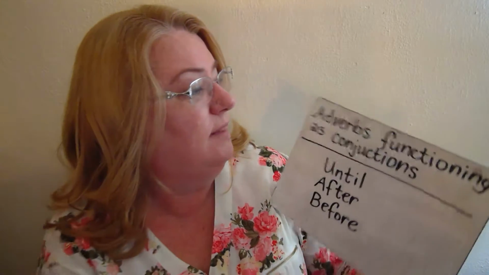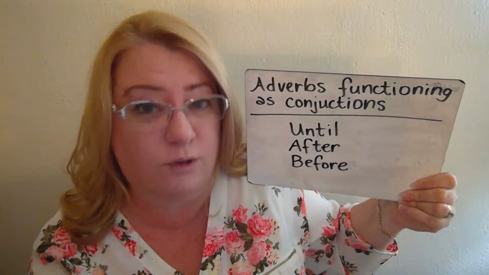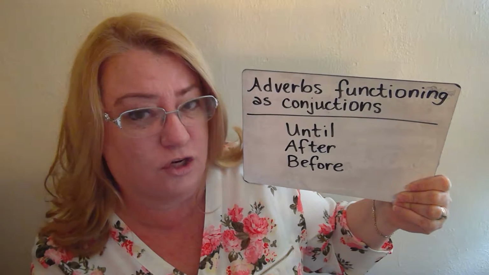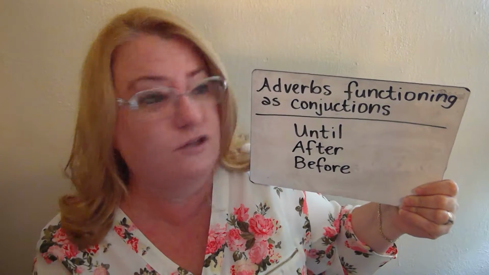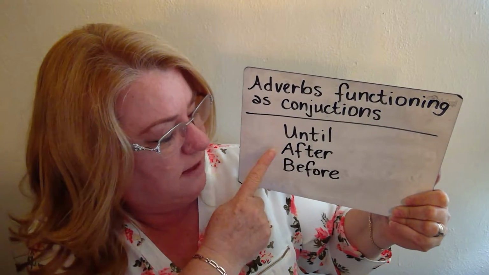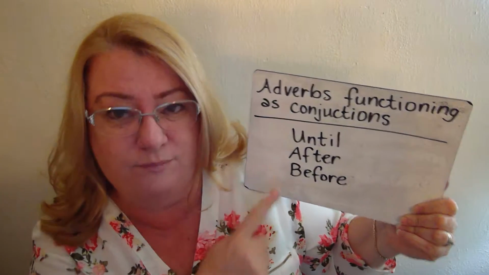And then we've also got three more, in that these three adverbs can function as subordinate conjunctions: until, after, before. And you'll notice that you do hear those a lot also.